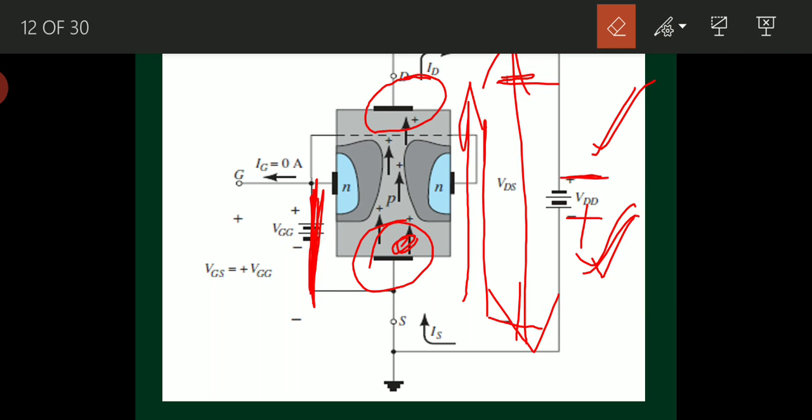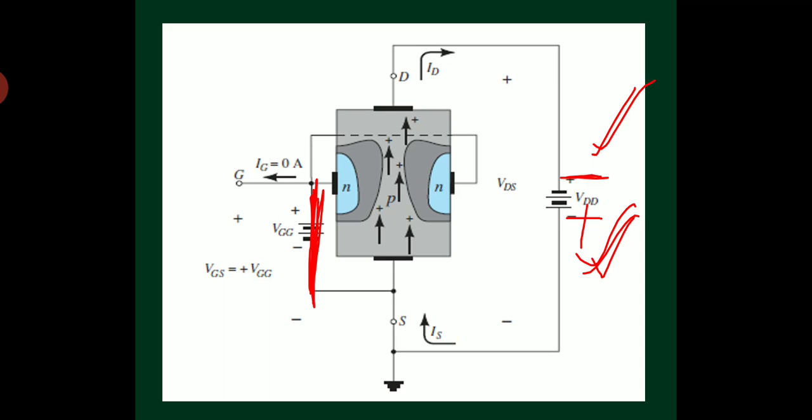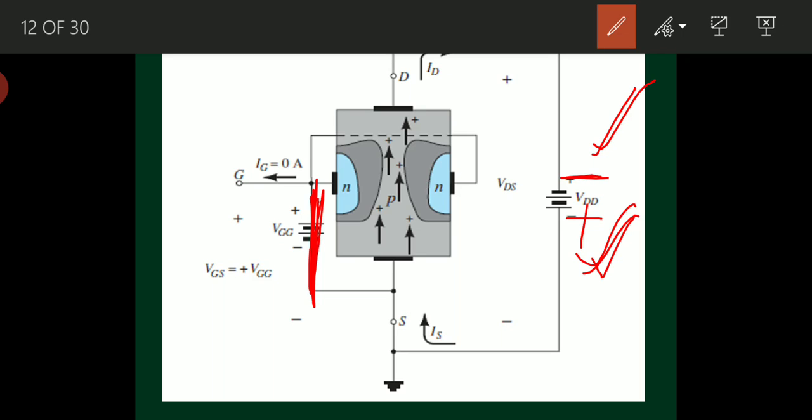Okay, so this is positive and this is negative. The current at the drain is ID and the current at the source is IS. IS represents source current and ID represents drain current. And gate current is 0. That's why IS equals ID.